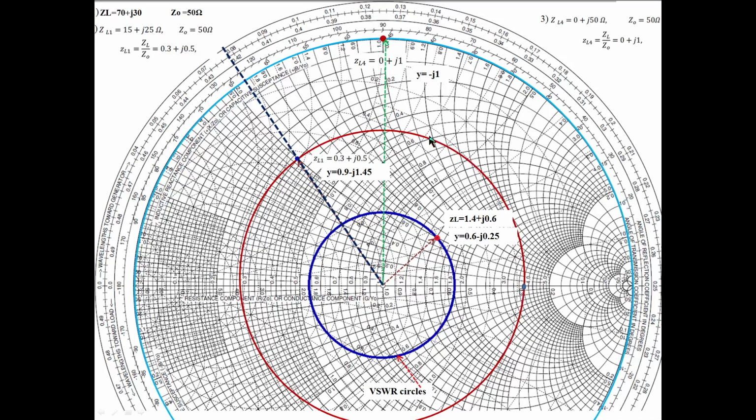All other values on this VSWR circle, we can see values over this circle. See here, some impedance is there; that is the reactance circle value and resistance circle value you take at this point. It is actually the impedance on a transmission line. If you move like this, it is nothing but moving on a transmission line. If you stop here, it means at some point we stopped on the transmission line.